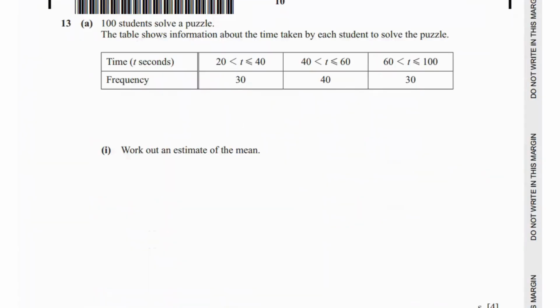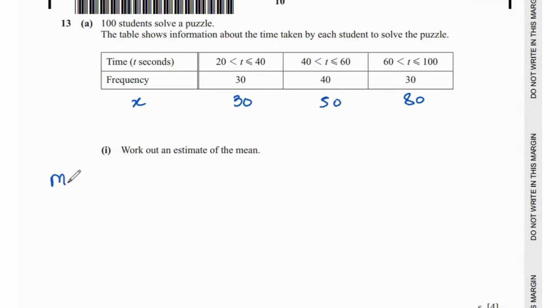In this question, 100 students solve the puzzle. The table shows information about the time taken by each student to solve the puzzle. Work out an estimate of the mean. For the estimate of the mean, we need the midpoint of the intervals first. So the midpoint of 20 and 40 is 30, 40 and 60 is 50, and 60 and 100 is 80.